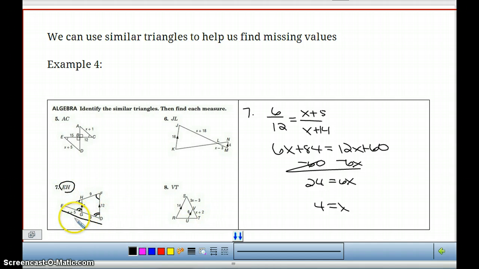Well, if x equals 4, that means that this equals 9. And if we go across from here, that makes this whole side 18. So we have to do another proportion here. I've got this, which I don't know. So I've got x plus 9.